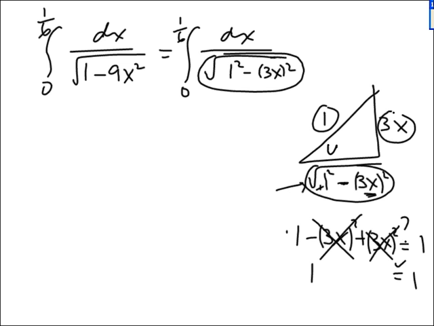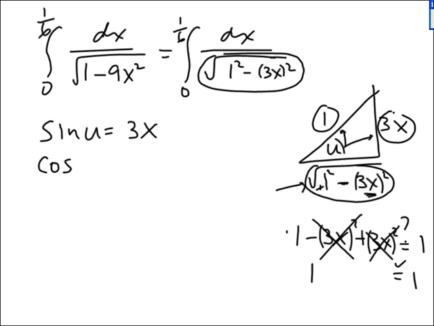Okay, call the angle u. And you want to find a division of two of the simpler sides. How about 3x over 1, which is the sine? Let the sine of u equal 3x over 1, which is 3x. That is the substitution we're going to make.